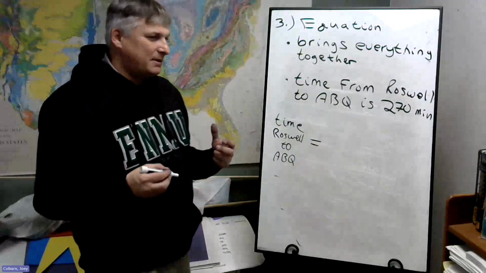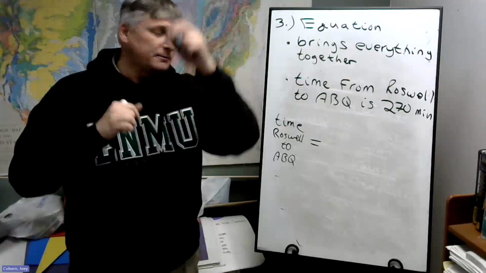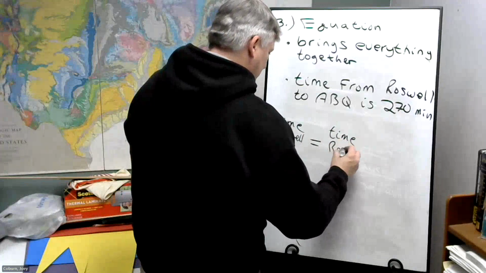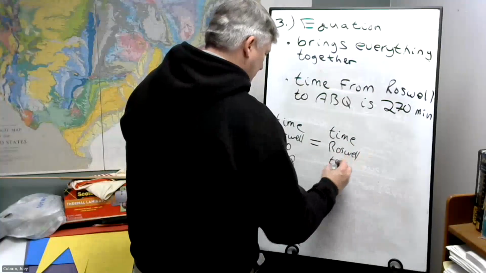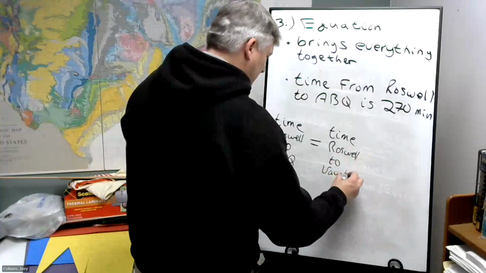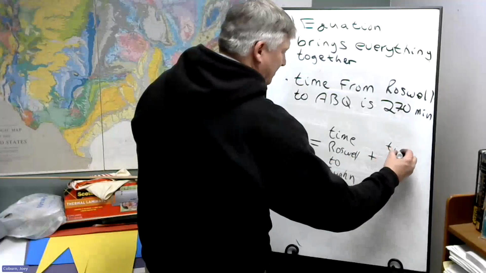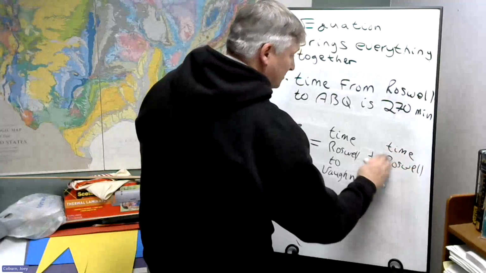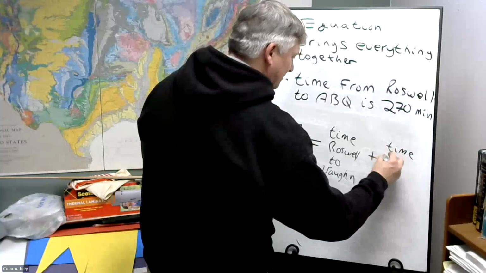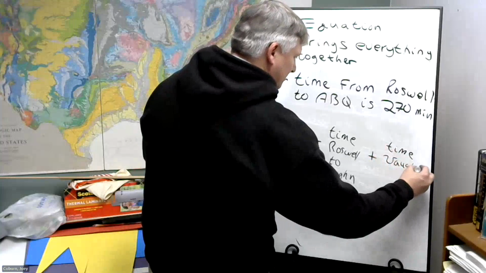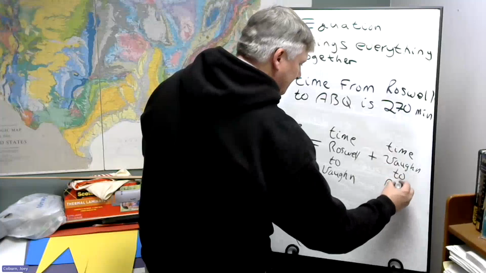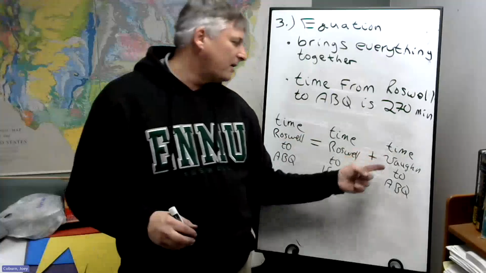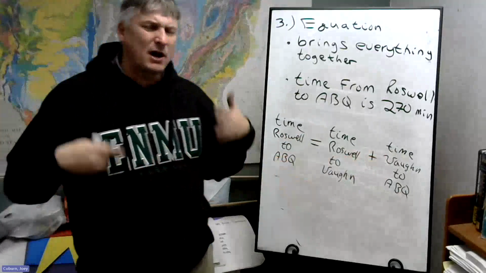Well, it's got to be the time it took us to go from Roswell to Vaughn, plus the time Vaughn to Albuquerque. Got to go from Roswell to Vaughn, and then we got to go from Vaughn to Albuquerque. And that's how we're breaking up this problem.